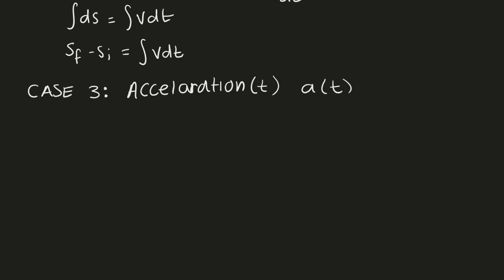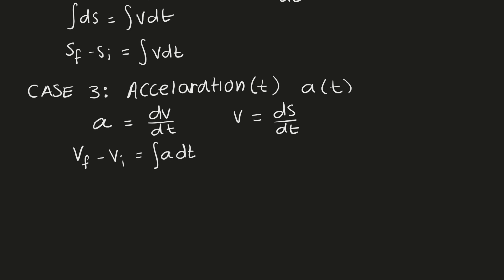Well, using the equations above, we can say that a equals dv/dt, and we can say that v equals ds/dt. Using the same tactic as above, we can multiply a by dt, and we will get v final minus v initial is equal to the integral of a dt.